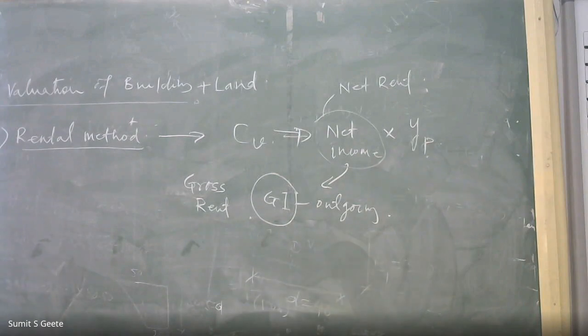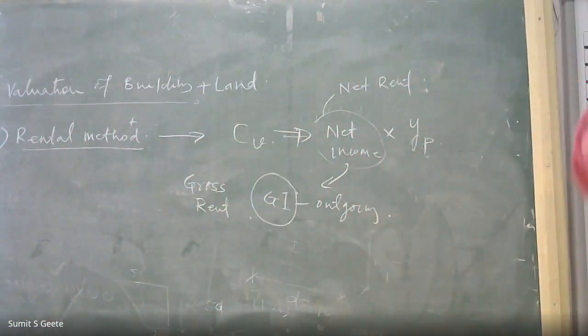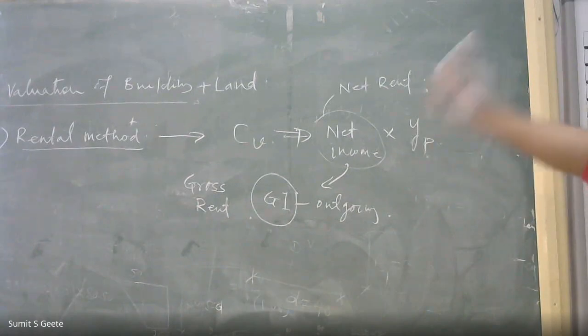Now, in case of rental method, we are just considering the capitalized value concept. It means whatever income I earn after deducting all my taxes and all my outgoings, if I want to get that income through a bank, how much money will I have to deposit in that bank at the prevailing rate of interest, 6%, 5%, whatever? The amount I have to deposit in the bank so that I get as much money as I am getting from net income or net rent, that value is called capitalized value.